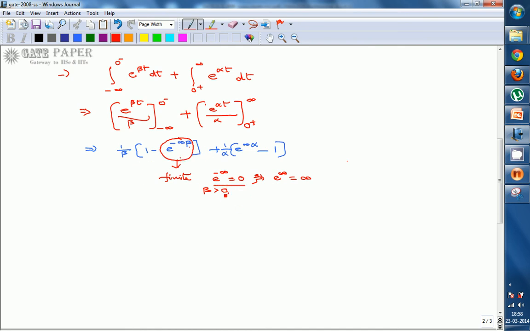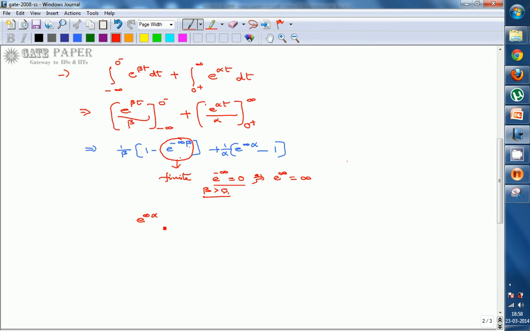If beta is less than 0, we get e power infinity, that is infinity, and the system becomes unstable. So the beta value must be greater than 0. Coming to the alpha value, here we have e power infinity alpha.